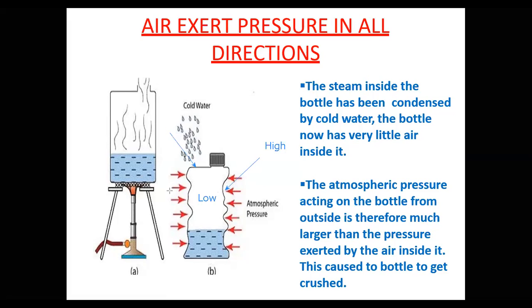From all sides, atmosphere will press the tin, and the tin shape will be different. Tin shape is damaged, as shown in the picture. This is due to atmospheric pressure from all directions, from top side also. From downside also.